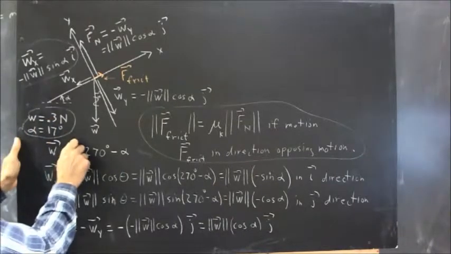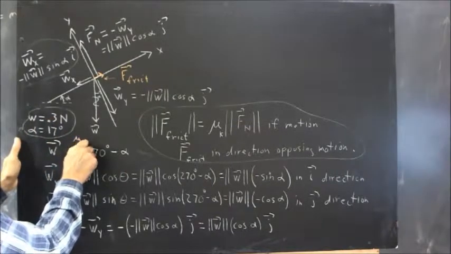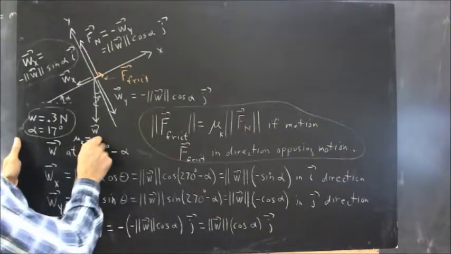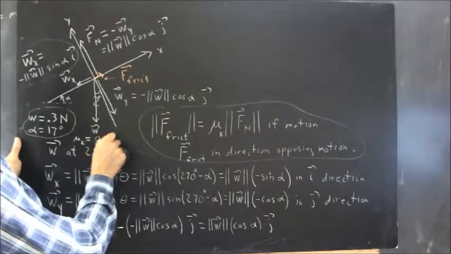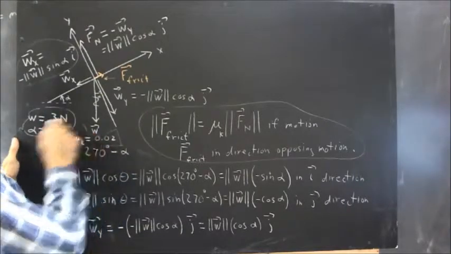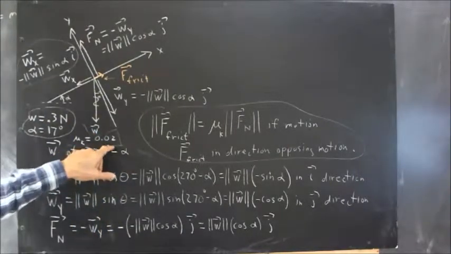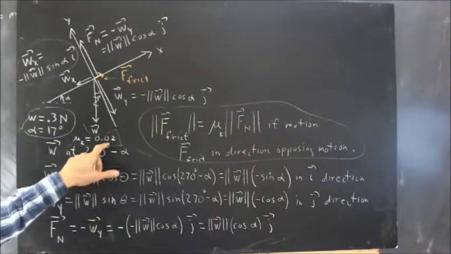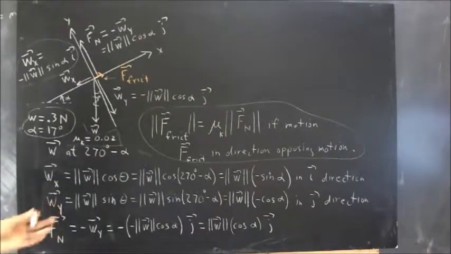Don't have a good place to write it, but mu K, the coefficient of kinetic friction, is 0.02, which is probably about right for a Hot Wheels car, and also probably about right for the car that you drive. Most automobiles have pretty nearly the same coefficient of rolling friction.